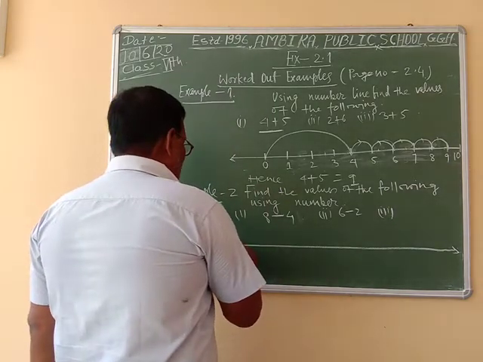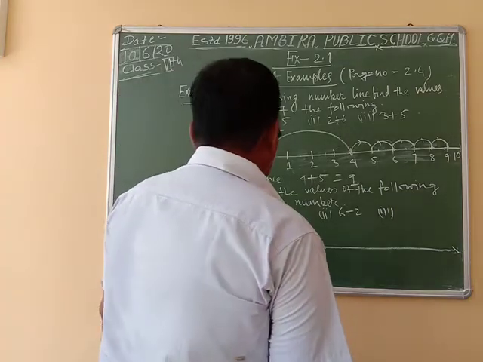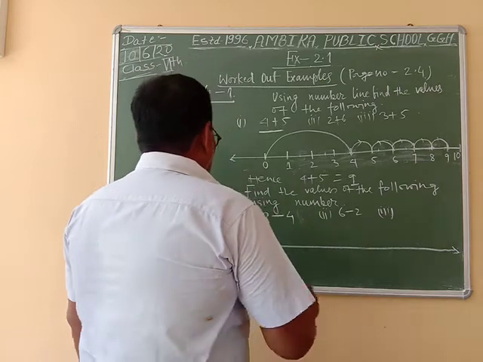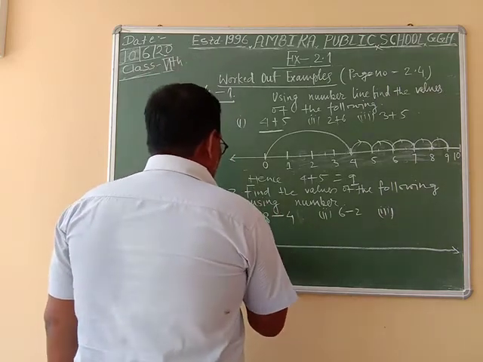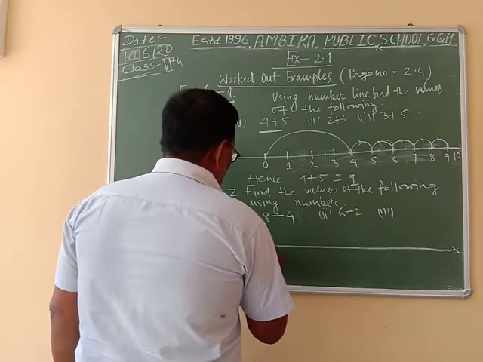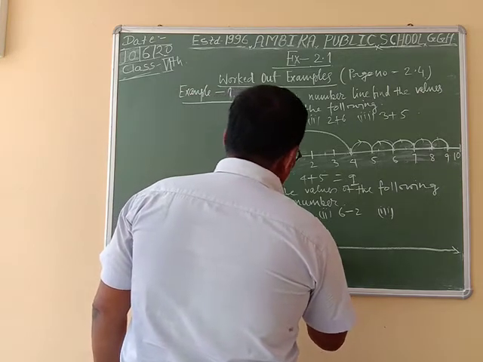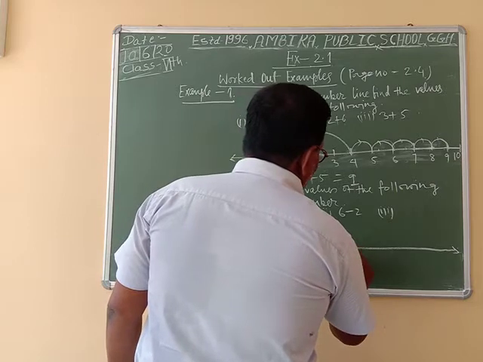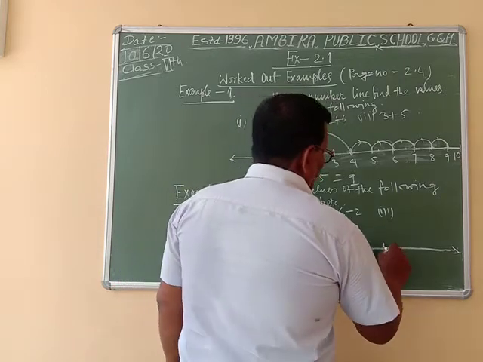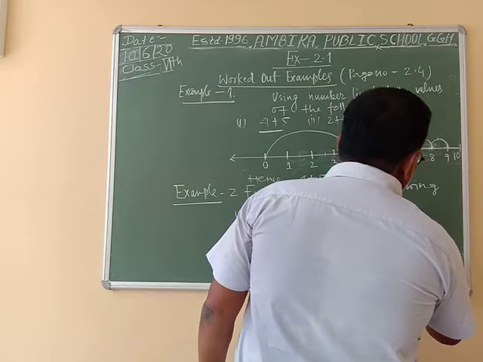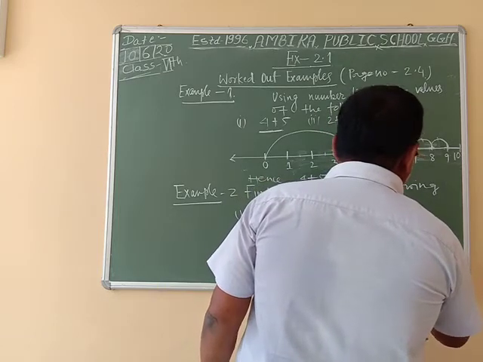Starting from O, we mark numbers as 1, 2, 3, 4, 5, 6, 7, 8, 9, 10, 11 and so on according to the number.